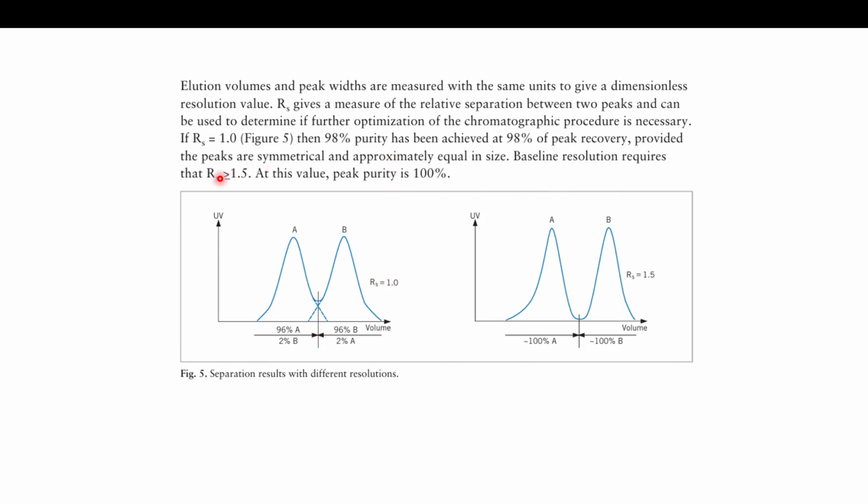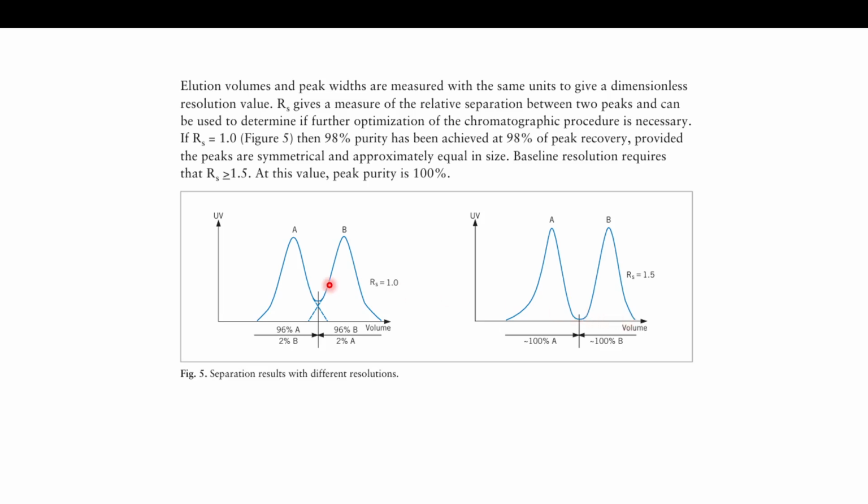Baseline resolution requires that the resolution is greater than or equal to 1.5, because at this value peak purity is 100%. If it is 100% peak purity, then the two peaks are very well resolved. There's no overlapping between the two peaks, as we see in the first figure here. The two peaks are very nicely separated.